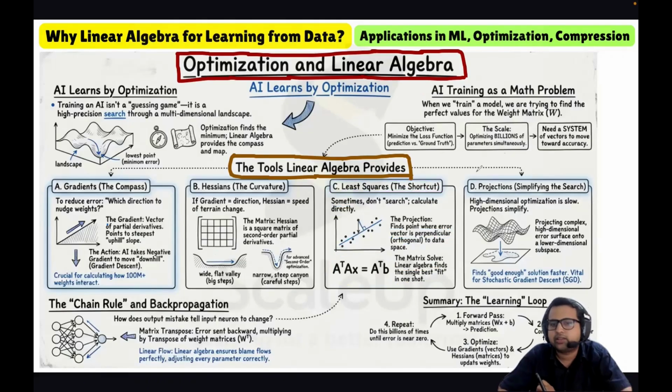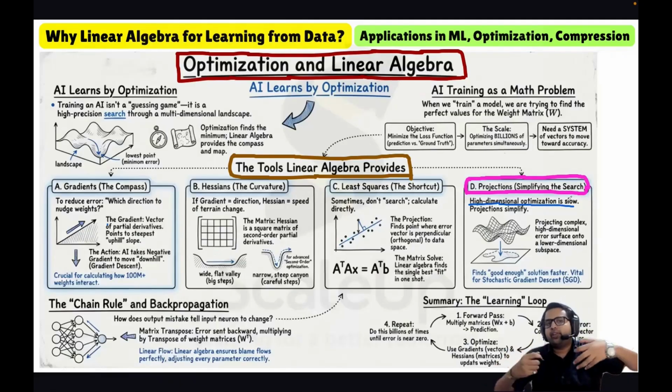So the next important tool of linear algebra which plays a role in optimization is projections. Projections means simplifying the search. High dimensional optimization means we have various features, a high dimensional space, with lots of features.